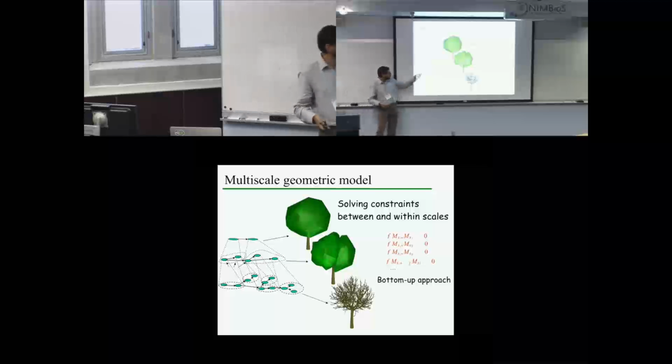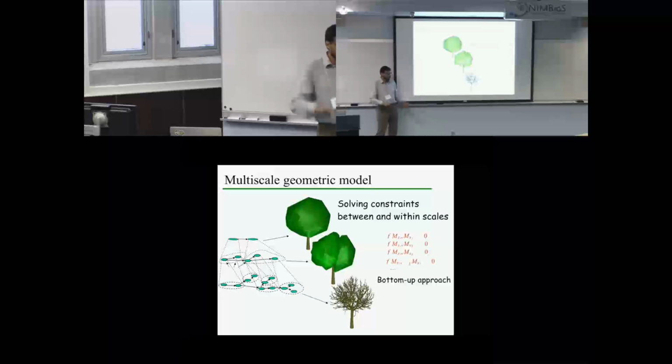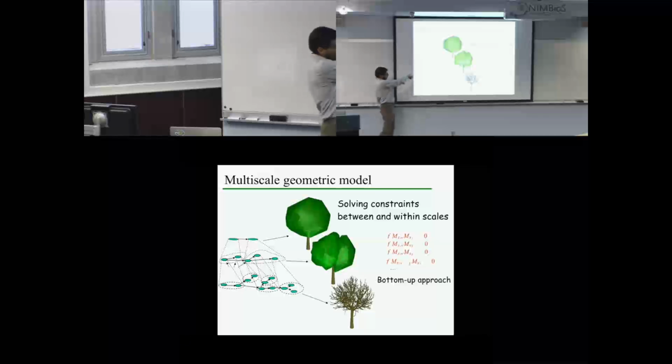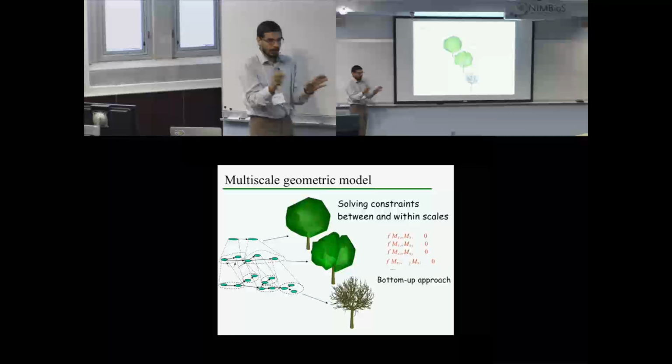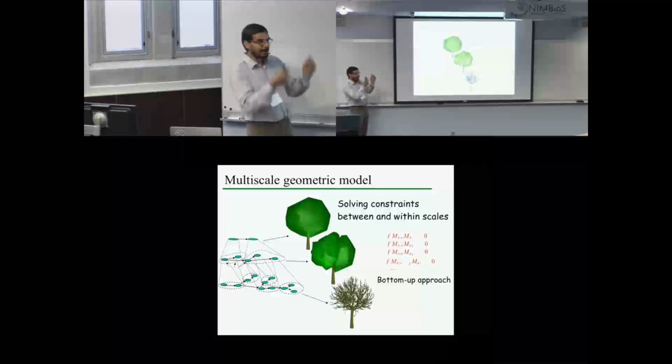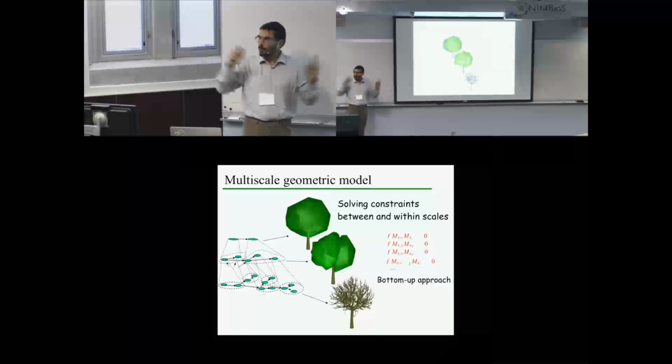That is, if you have information at the smallest levels, you can infer and say, okay, because I have an edge between two vertices, this edge says my two geometric models are connected together. So I have a constraint. And between scales, you also have constraints. If I have an axis, I know that all the internodes belong to the geometry of the axis.